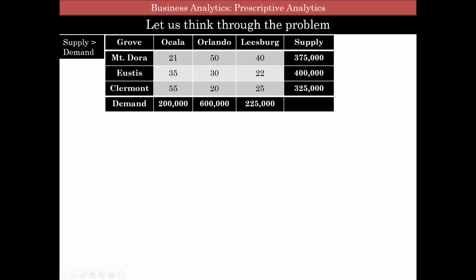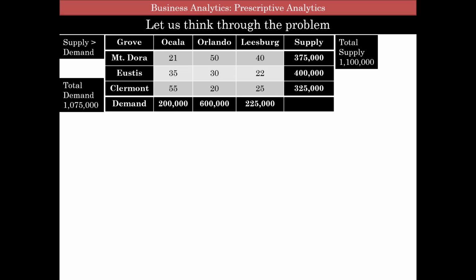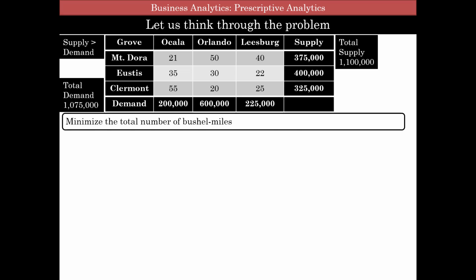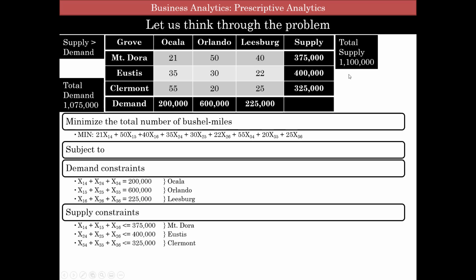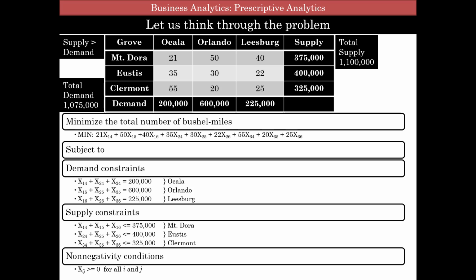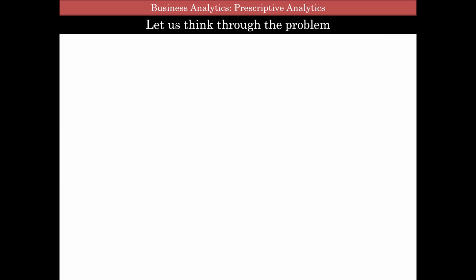So in this particular case, total supply is 1.1 million and total demand is 1.075 million. And so nothing changes except your demand constraints now are equal to, because you'll be able to satisfy everything that you demanded. And your supply constraint will be less than, because you're not going to send everything over. And that's essentially when supply is greater than demand.